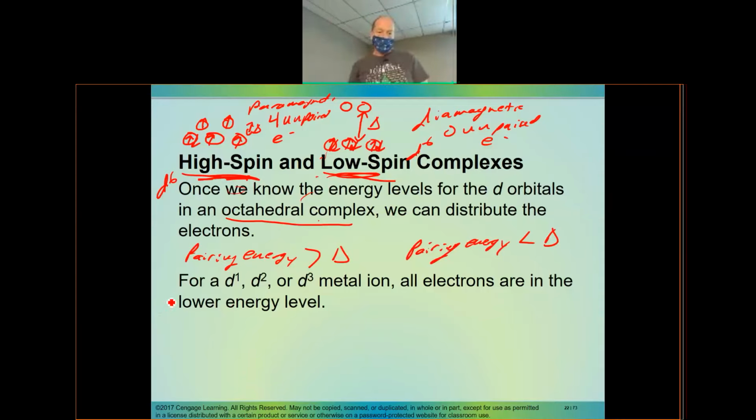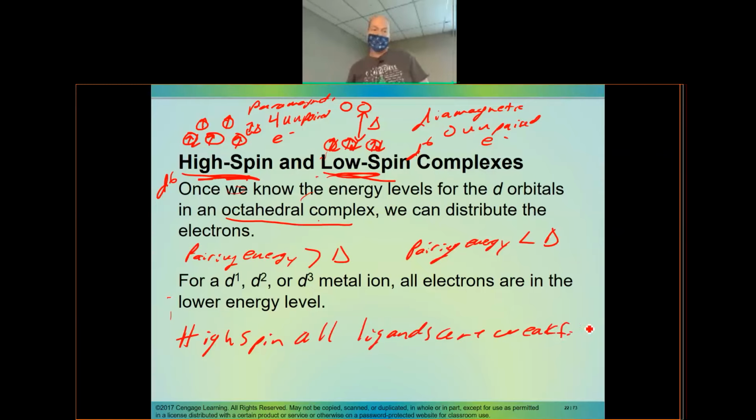So high spin, all ligands are weak field. If you have one or more strong field ligand, you're going to be low spin. So low spin is when you have one or more strong field ligand.